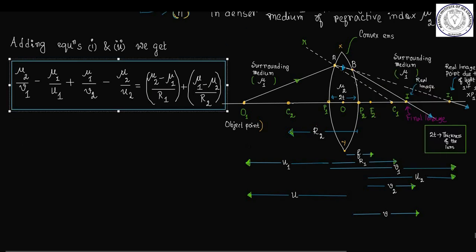And this is another equation. After adding equations 1 and 2, we get this, that is, mu2 by v1 minus mu1 by u1 plus mu1 by v2 minus mu2 by u2 is equal to (mu2 minus mu1) whole divided by r1 plus (mu1 minus mu2) whole divided by r2.